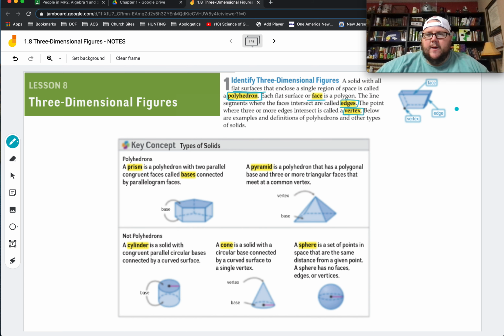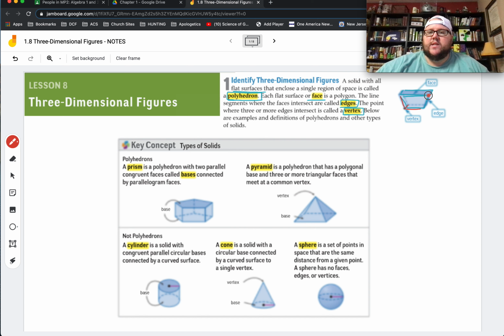So I want to point out this figure real quick. The face would be all of these shapes. That's a face, and so forth. The vertex would be here because you would have one intersection, two intersections, three intersections. So three or more intersections, it would be a vertex.